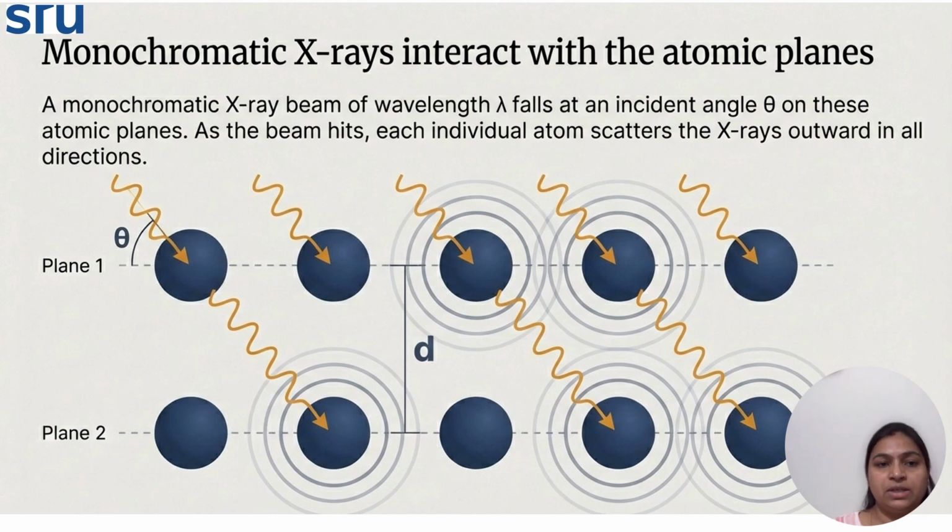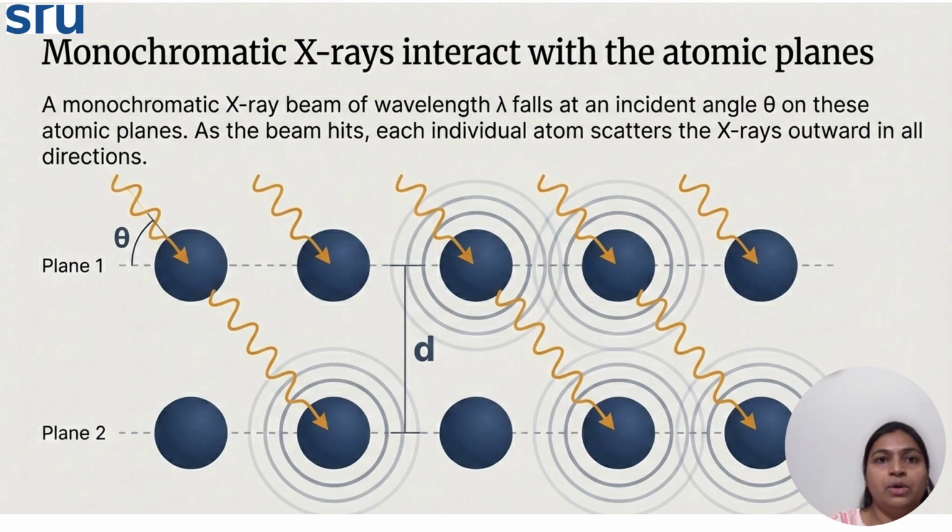So some rays come here and then reflect back, but some rays penetrate more, going deeper; here we are considering plane 1 to plane 2. They come here and then diffract. So then what will happen?